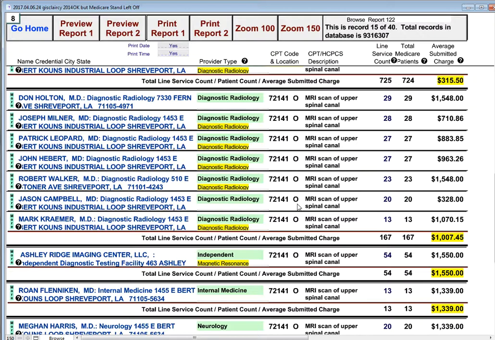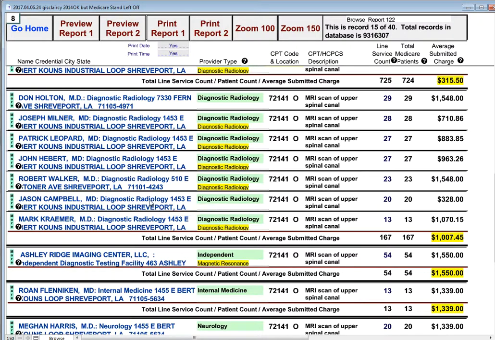On the $328, keep in mind that any one of these radiologists may be part owners in a radiology clinic, and also they could simply go to another competing radiology clinic and do private work for them when they have an overflow. So it may well be that Dr. Campbell has chosen to simply read MRIs on an outpatient basis for diagnostic clinics that are outpatient. In other words, this individual may have no ownership in any of these radiology clinics.